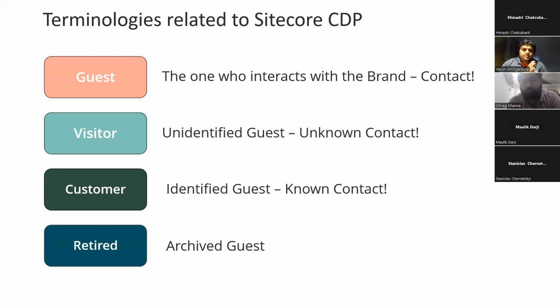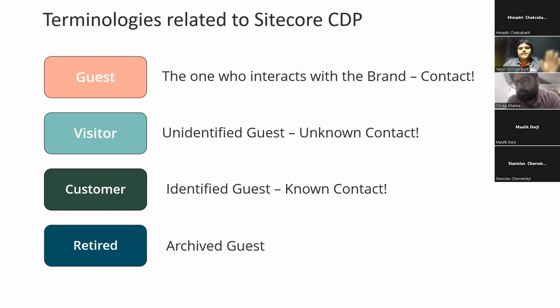Last one from a user standpoint is retired or archived. If we go to CDP and look at retired, we will not be able to go to retired because technically it is archived data. But the concept is important to be understood.